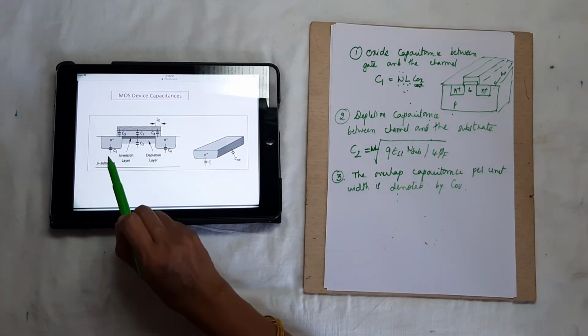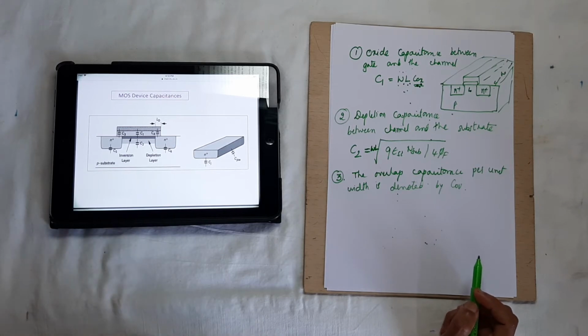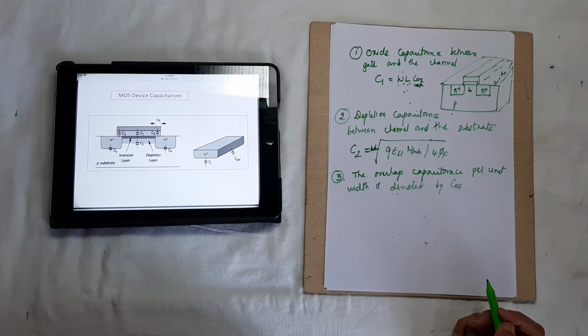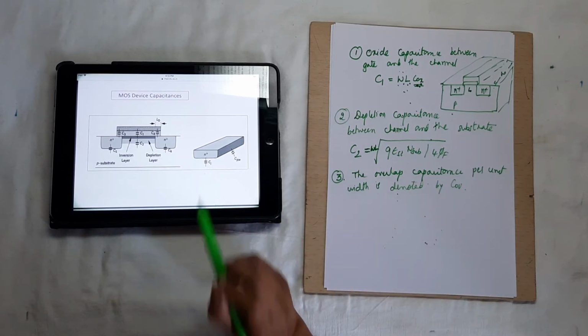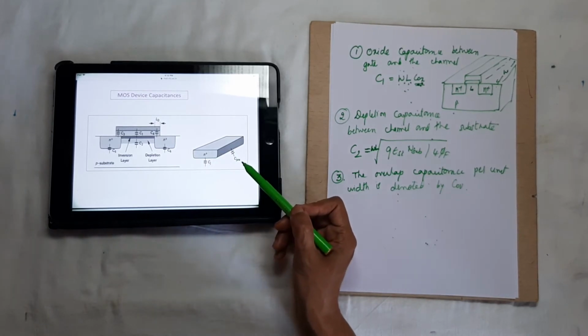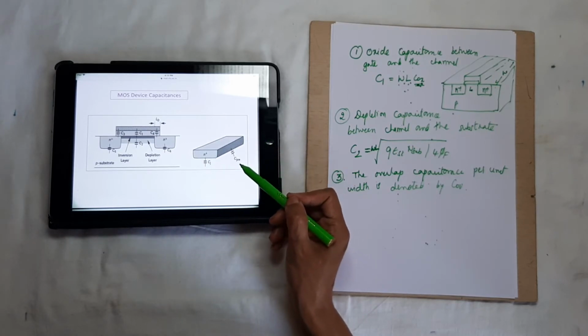Then we have C5 and C6 as the junction capacitances. We have seen the junction capacitances are of two types. One is the bottom plate capacitance and another one is the sidewall capacitance. The bottom plate capacitance is associated with the bottom of the junction, and that is represented as Cj, whereas the sidewall capacitance is due to the perimeter of the junction, and that is represented as CjSW.